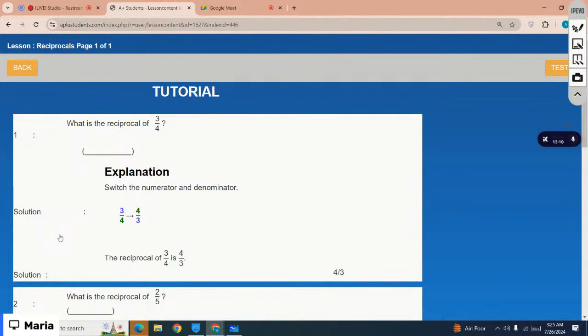Simply switch the numerator and denominator. Okay, let's just start with the test questions.